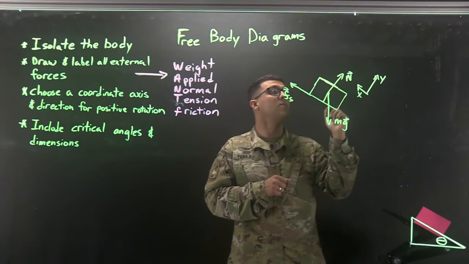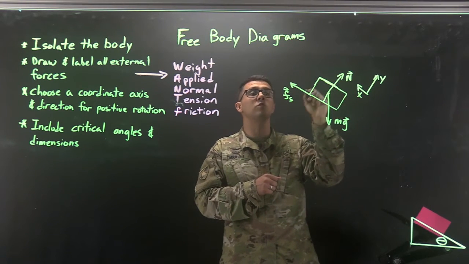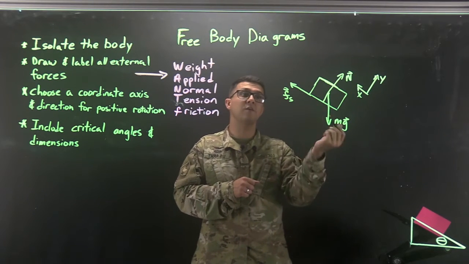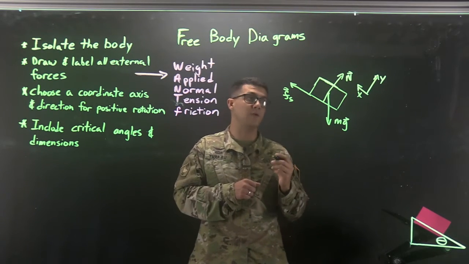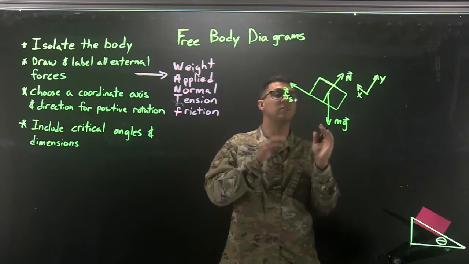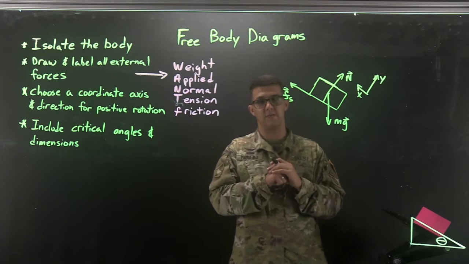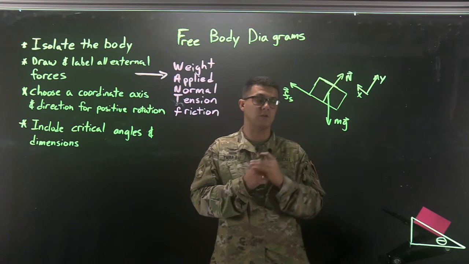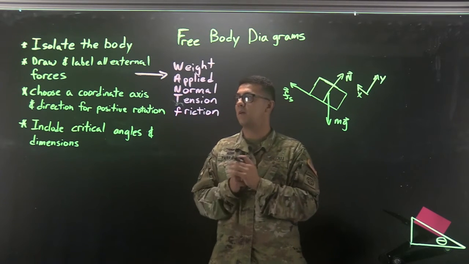The reason I'm doing that is because if you look at my normal force and my friction force now, the normal force only has a y component. The static friction force only has an x component. Awesome. So now I know that those two forces are only going in the y and the x respectively. I don't have to break those into components, but I do have to break my weight force into components. So let's go to the next step.